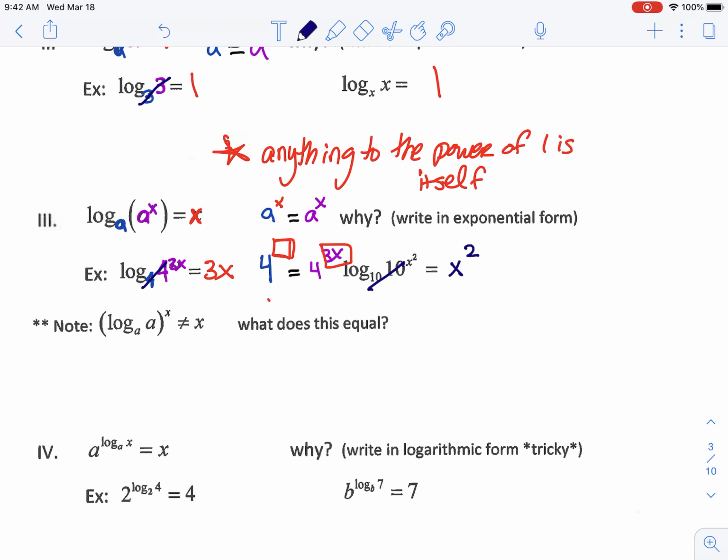Okay. So this, however, does not work. Okay. That's a weirdo schmeardo rule, and we'll get to it later. Okay, but that does not equal because this is on the outside. And on the outside, it does something different.